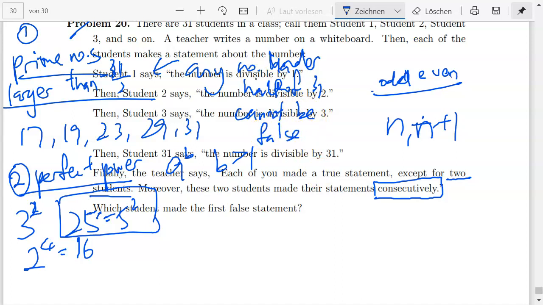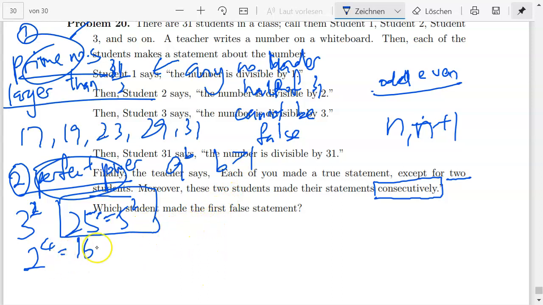For example, 14 is under 31 divided by 2, and you have 28. If this number is not divisible by 14, then this number is also not divisible by 28. So we can only pick numbers, specifically prime numbers and perfect powers larger than half of 31, okay?